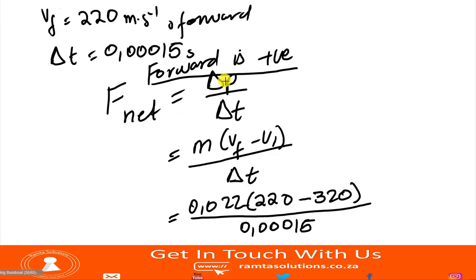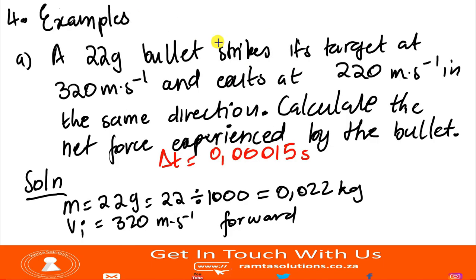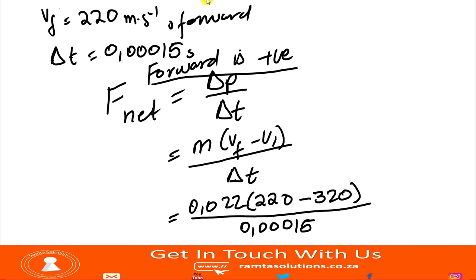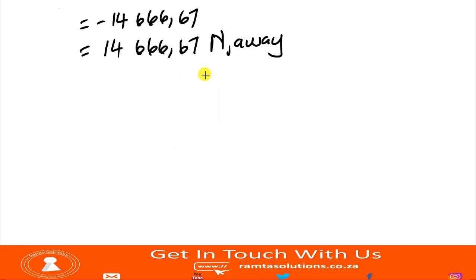This is the force exerted on the bullet by the target. I don't know what material the target is made of, but that target is exerting this force on the bullet.